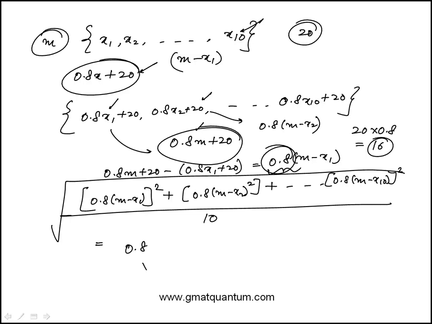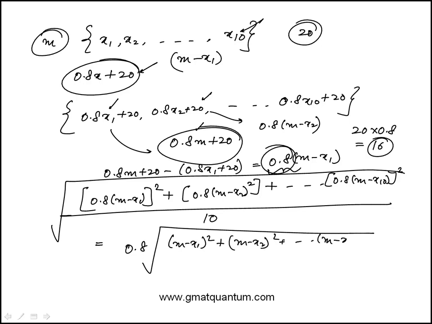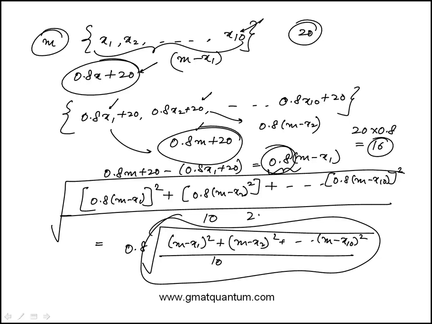You'll get a 0.8, and then inside will be the original standard deviation. Remember, I just chose 10 to be the number of points. This is what's given to us as 20, and that's why you get the multiplier of 0.8.